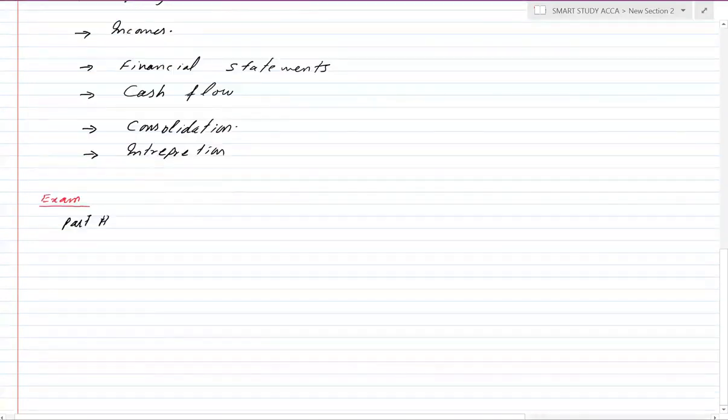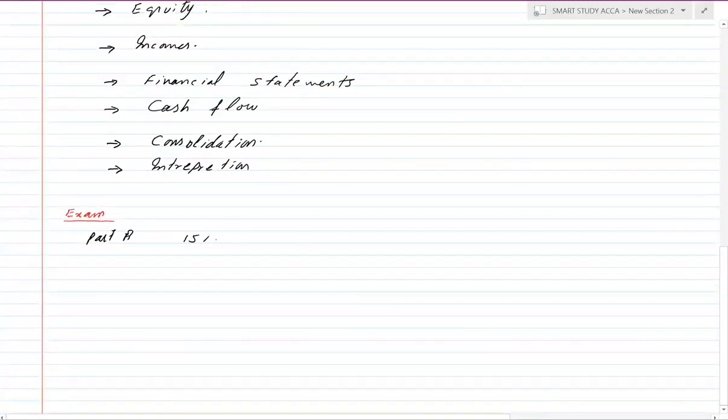Obviously, your paper consists of 100 marks, you are going to attempt a 100 marks paper, and there are three parts. In part A, there will be 15 MCQs, 2 marks each, so 30 marks in total.